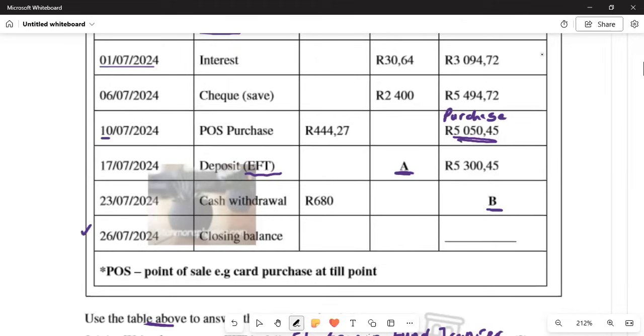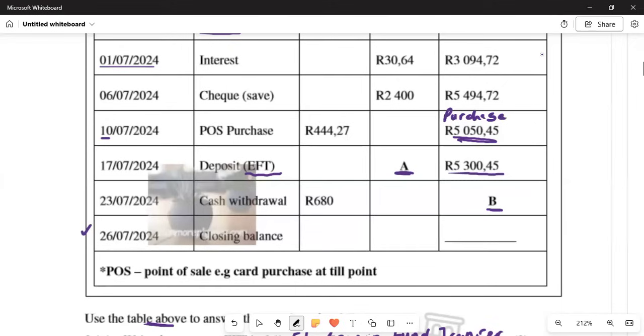We are also seeing the balance after the deposit, which is 5,030.45. Therefore we are going to subtract between these two.